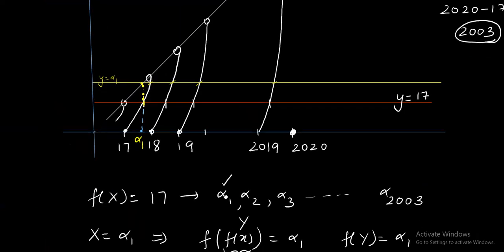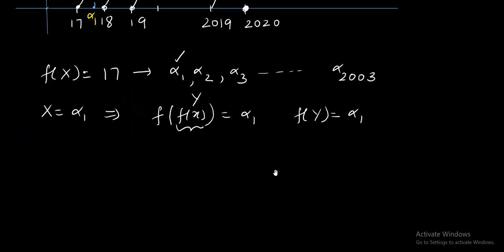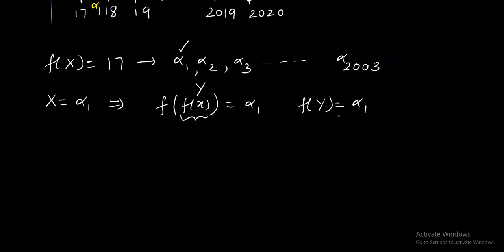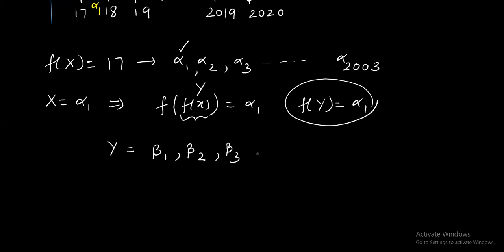So I'm just naming all these roots that I'm getting corresponding to f(y) = alpha 1 as beta 1, beta 2, beta 3 till beta 2003. I'm going to name these solutions as the values of y. For alpha 1, for this equation, my answer turns out to be beta 1, beta 2, beta 3. Keep on writing till you reach beta 2003, right?